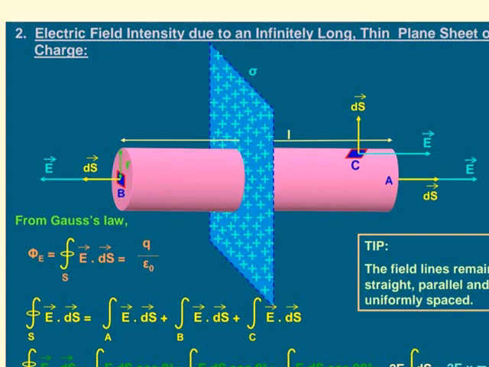Because of surface C it will be 0, and the value of E dot dS over the closed surface will become E into integral of dS plus E into integral of dS, that means 2E into area. Let the circular area be pi r square, where the radius is r as shown in the diagram. So we get 2E into pi r square.